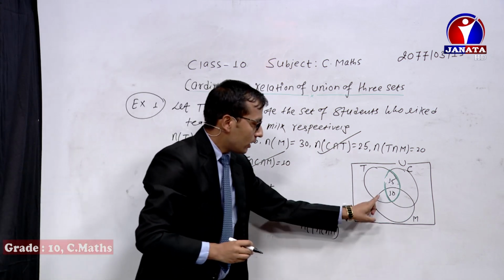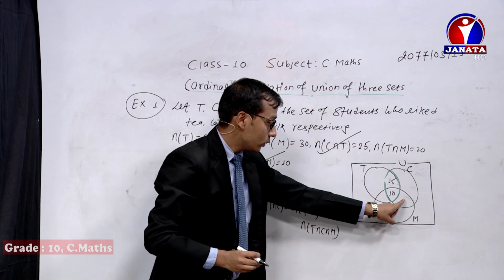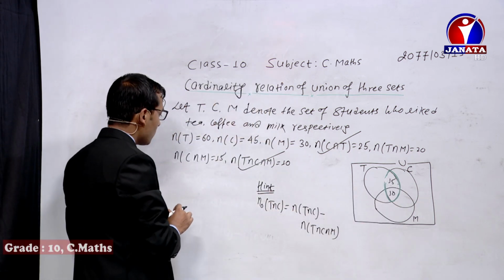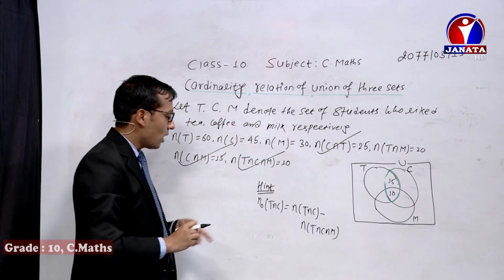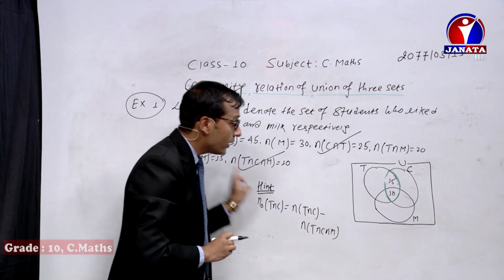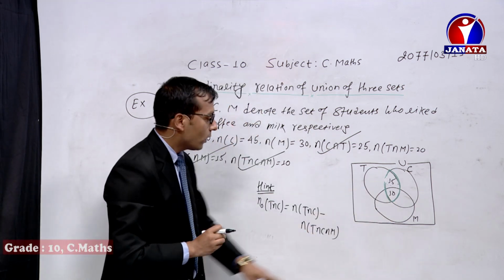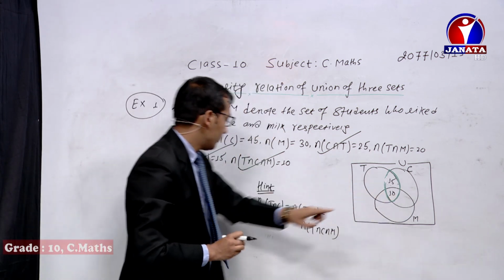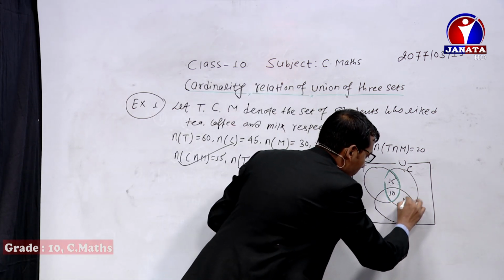Similarly, let's fill up this one, the intersection of C and M only. C intersection M is 15. Out of 15, 10 is already inserted in the common region of the three subsets, so we subtract 10 from 15 and we get 5.